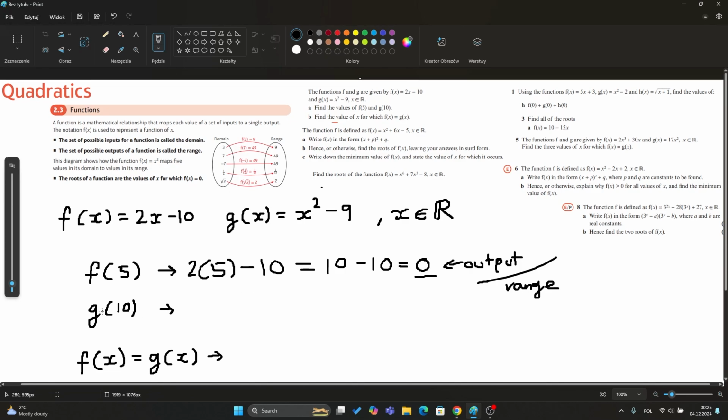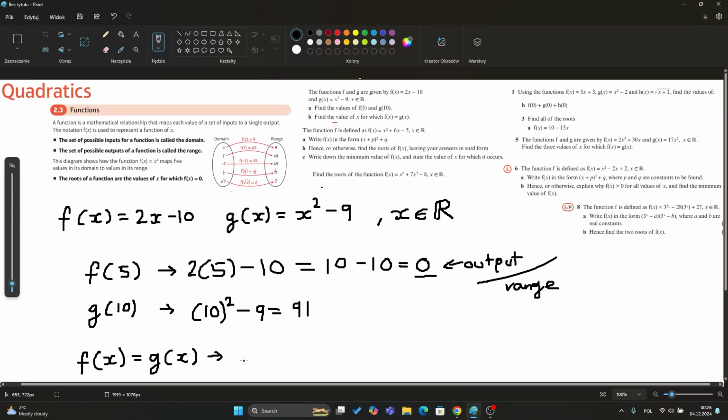Now the input of function g is 10, so we get g of x equals x squared minus 9. Our input is 10, and we square that because it's x squared, minus 9 is going to be 100 minus 9, which is 91.